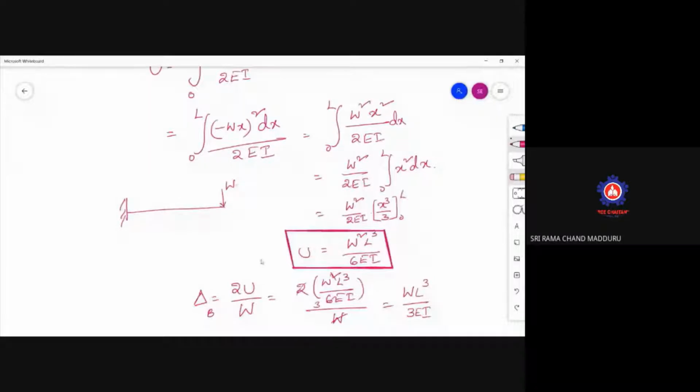Here we considered strain energy, and wherever the point load is applied, under this point load we calculated the deflection.